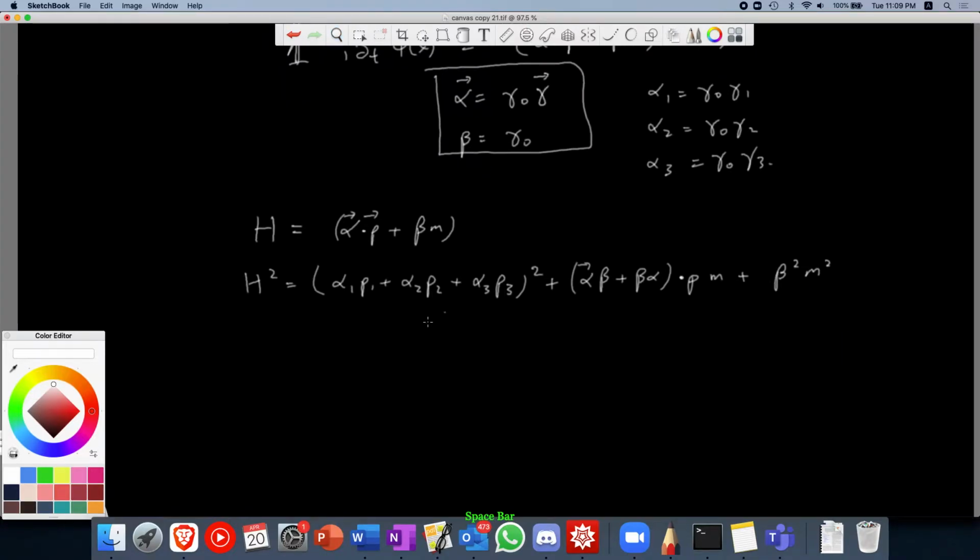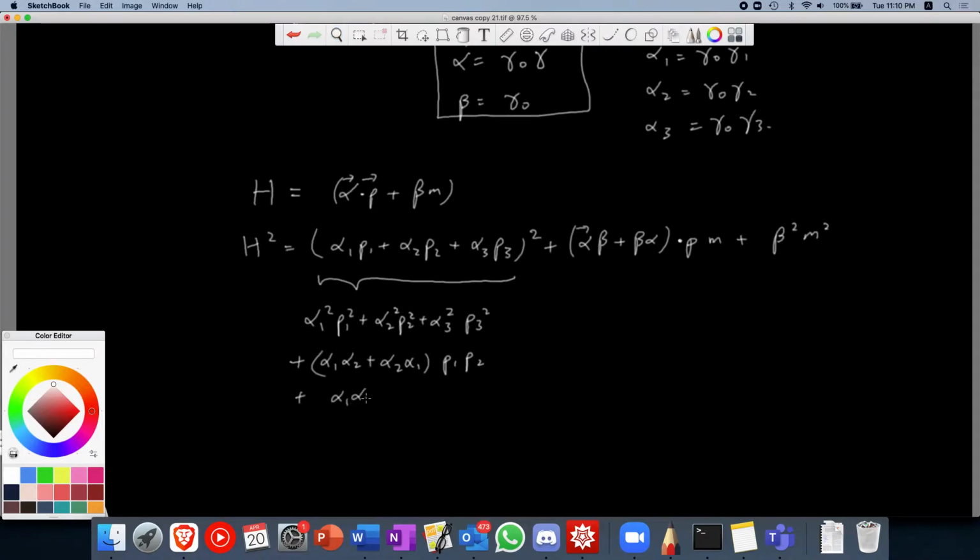So this is H squared. Now we realize that these terms are simply alpha 1 squared p1 squared plus alpha 2 squared p2 squared plus alpha 3 squared p3 squared, plus alpha 1 alpha 2 plus alpha 2 alpha 1 times p1 p2, plus alpha 1 alpha 3 plus alpha 3 alpha 1 times p1 p3, plus alpha 2 alpha 3 plus alpha 3 alpha 2 times p2 p3, and then this term is simply alpha 1 beta plus beta alpha 1, and so on for 2 and 3.